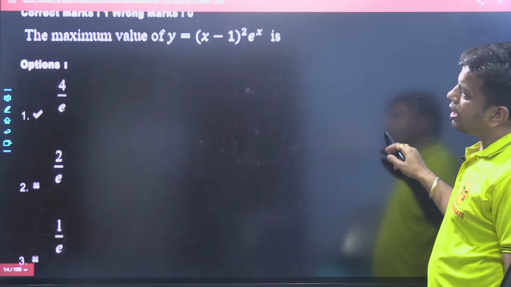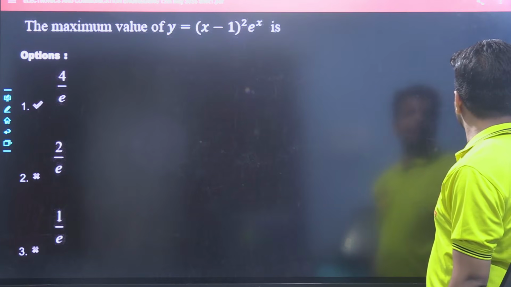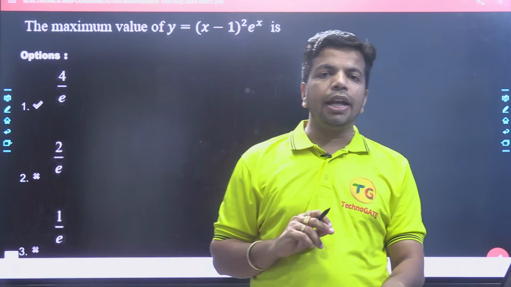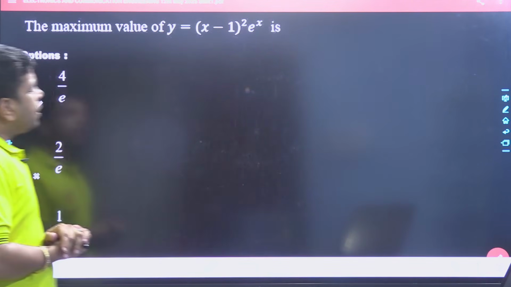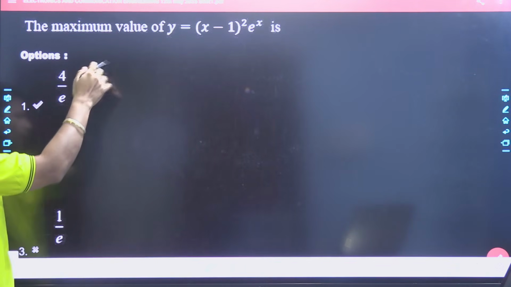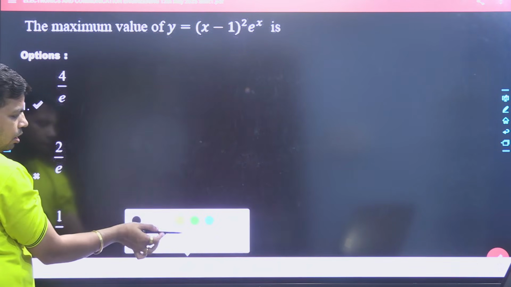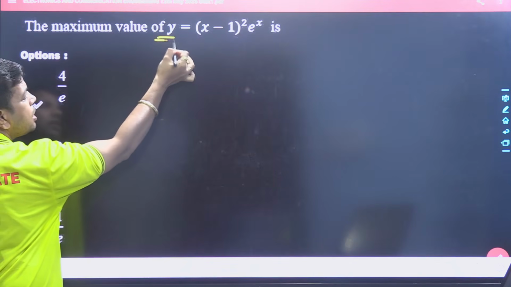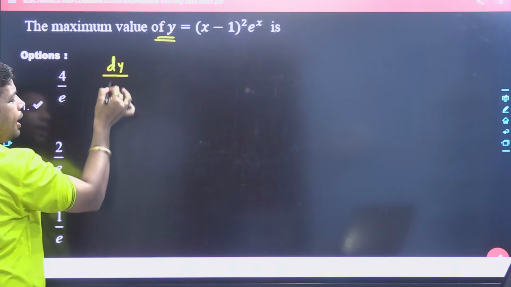Question number 23. The maximum value of y equals to (x minus 1) square e raised to x is, you need to find the maximum value of that. So how can you find that? First of all, to find the maximum value, you need to compute the differentiation of this, that is, I need to find dy by dx.